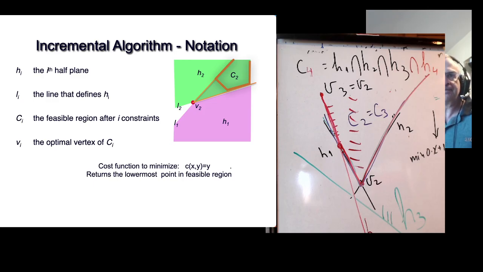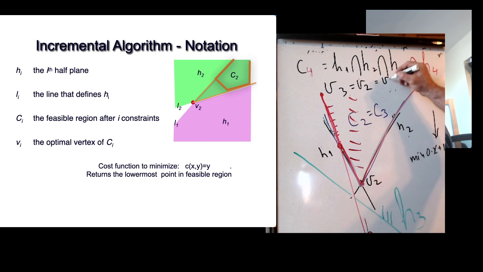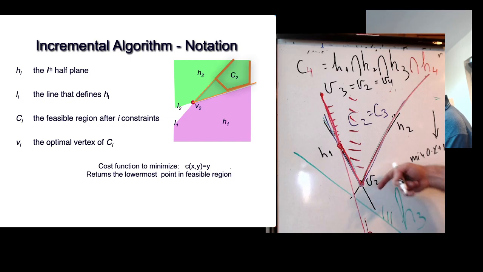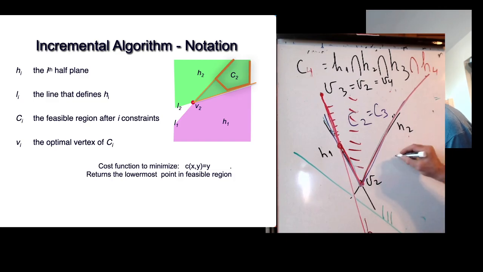What is V4? V4 is the same, unchanged. So it's V2 equals V3, which is also V4. Because a new half plane, H4, doesn't disturb V2. In other words, we can check that V3, which is this point, which is also V2, V3 is inside edge 4.